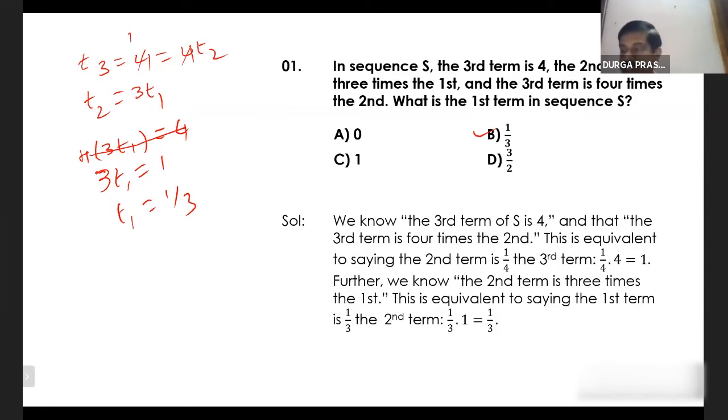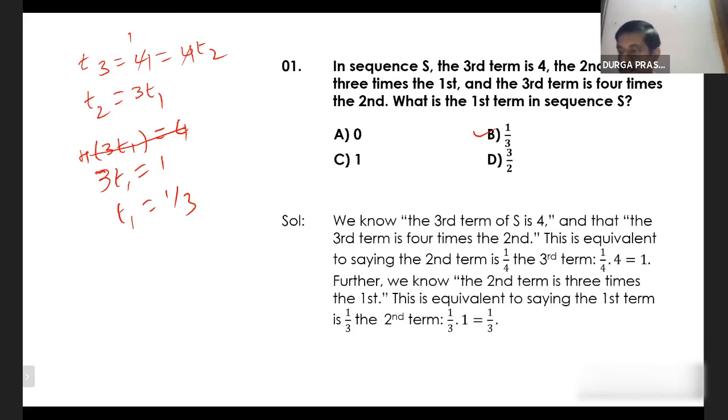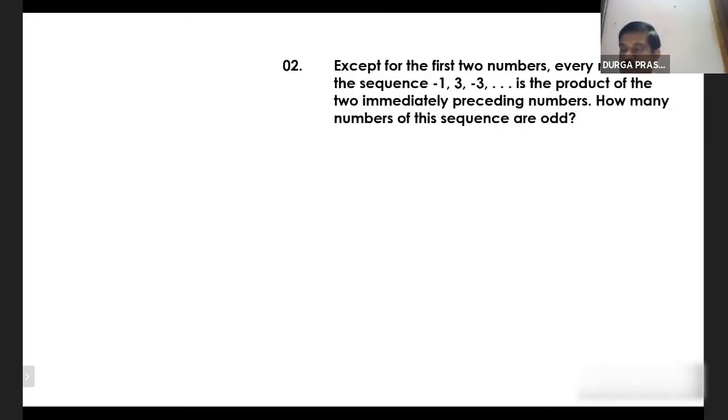Let us proceed to the next question. Let us look at this question. Except for the first two numbers, every number in the sequence -1, 3, -3 is the product of the two immediately preceding numbers.